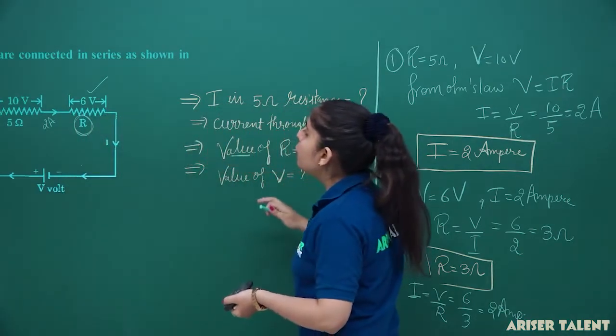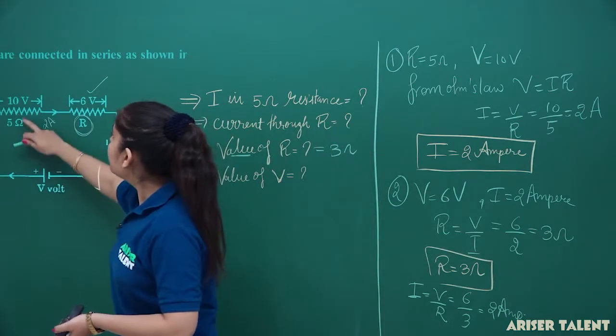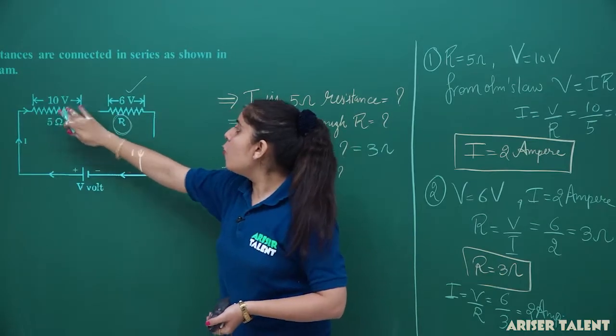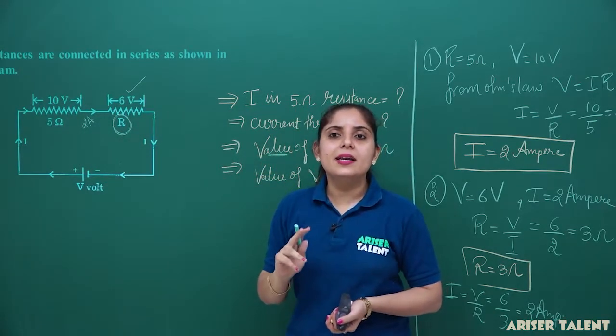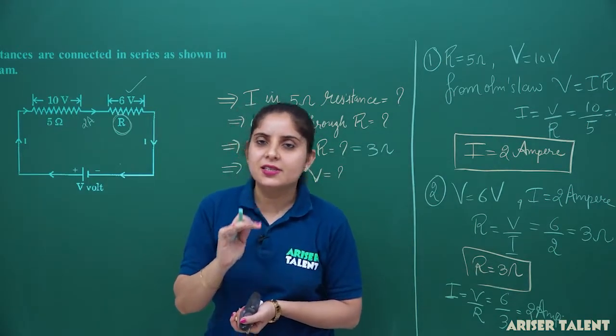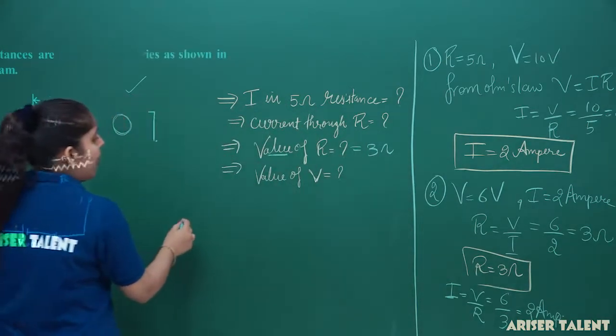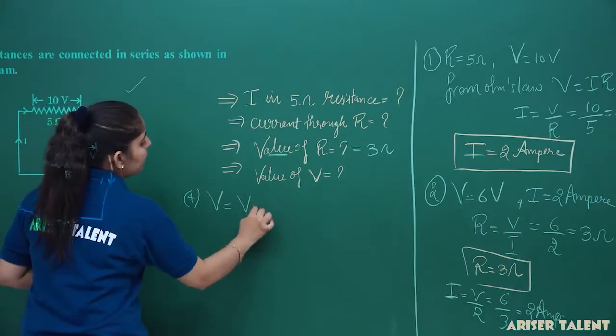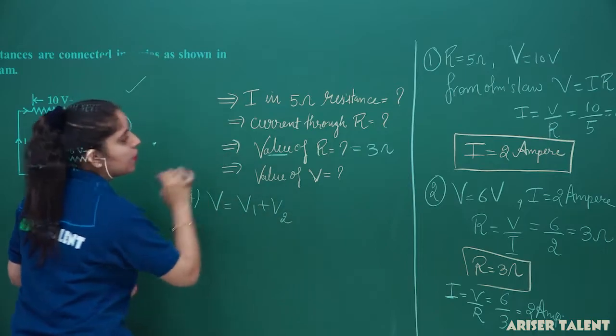Now, you have to find the value of V. You have seen that this is a series combination of the circuit. 10 volt and 6 volt are both across the series elements, and in series we will just add the voltages here. So, for the fourth part, V equal to V1 plus V2.